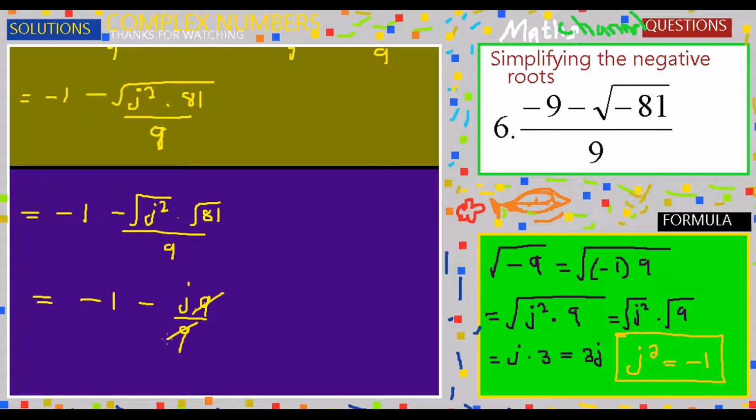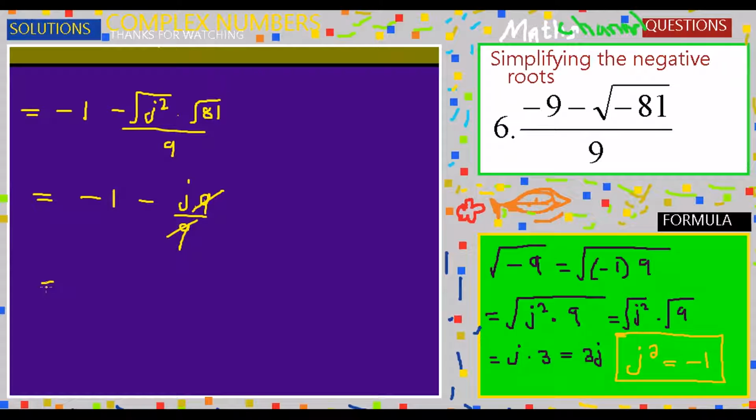As you can see, the 9 will cancel out, so we have something like this as the final answer, negative j. So this is the final answer. Okay, that's it for simplifying the negative roots.